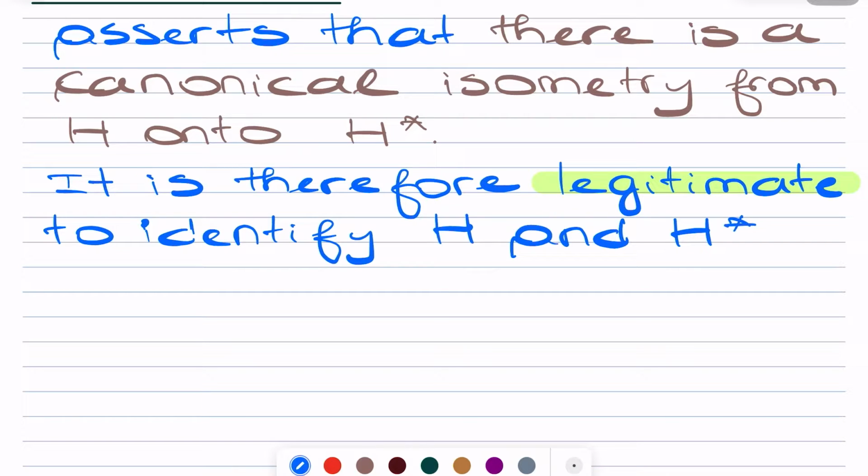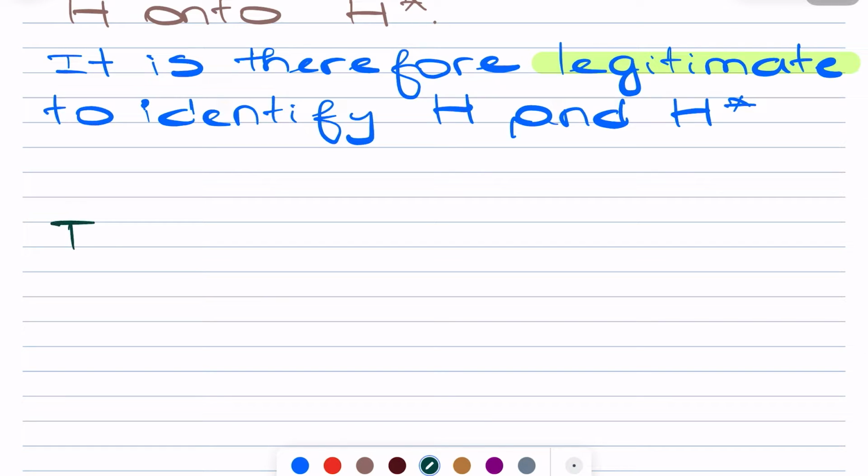So let's have a look at some typical situations that commonly occur in optimal control with PDEs. So, typical situation.